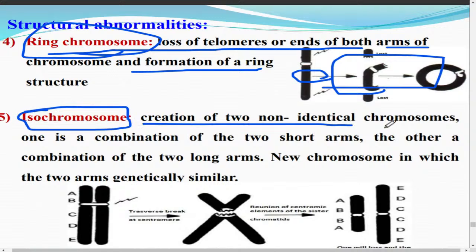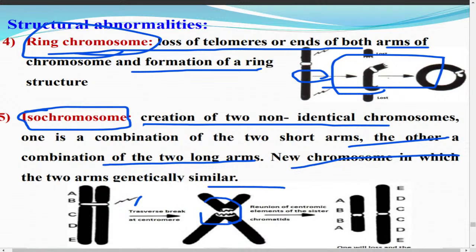Isochromosome, creation of two non-identical chromosomes here. One is a combination of the two short arms here. The other is a combination of two long arms, a new chromosome in which the two arms are genetically similar.